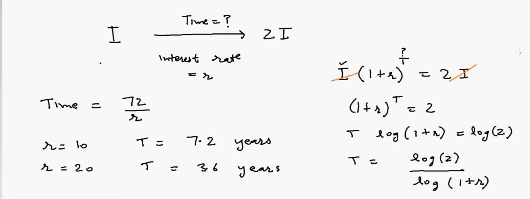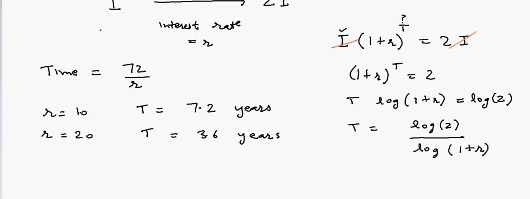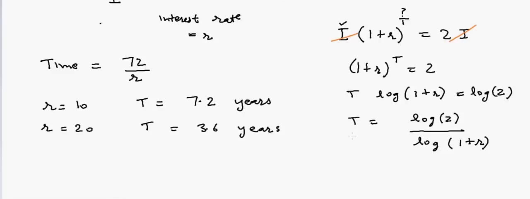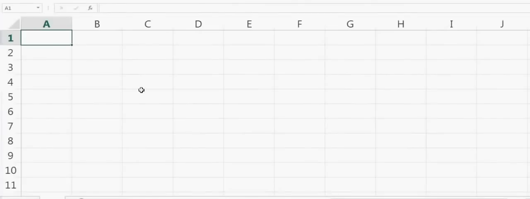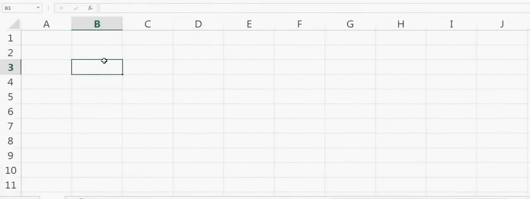Now if I go to Excel and try to solve this equation, let me go to Excel. Suppose we have r, and we start with 2, 3, 4, 5. This is the rate of interest.